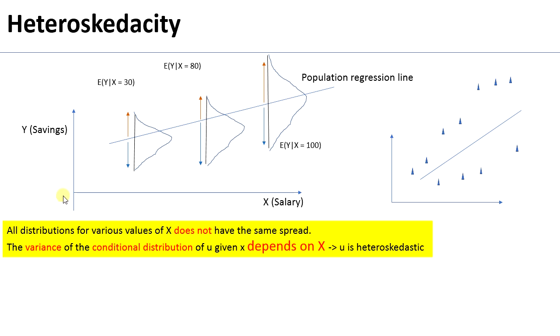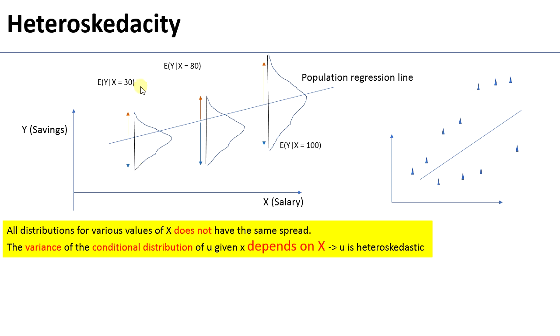Simply put, that's the population regression line, which normally in practice we will not have, but I'm just using this to explain the concept. Let's assume this is the population regression line, and every time we select a random sample, we will have different x values, in this case different salaries, and for each salary a corresponding saving.